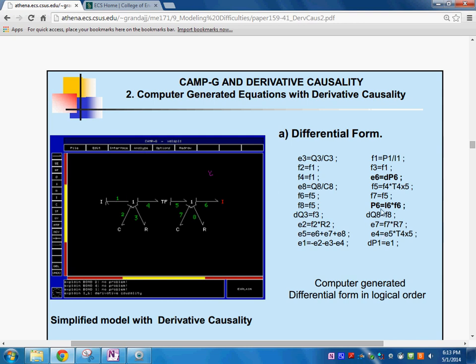In this particular case, you notice there are two equations that are different. This one says that the derivative of p sub 6, E6, is dp sub 6.